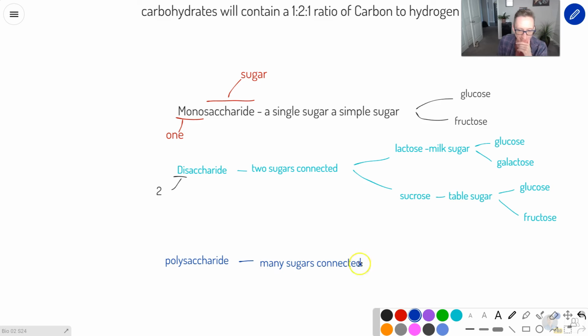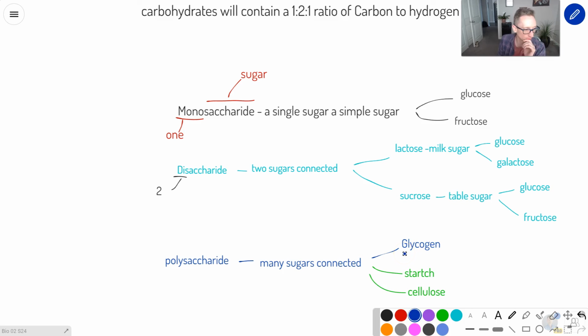A couple examples of these are starch. Actually, let's do it like this. Let's do glycogen, and then in plants, we have starch, and we have cellulose. So in humans, we store glycogen.